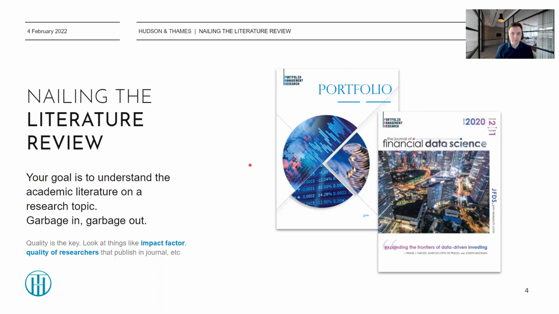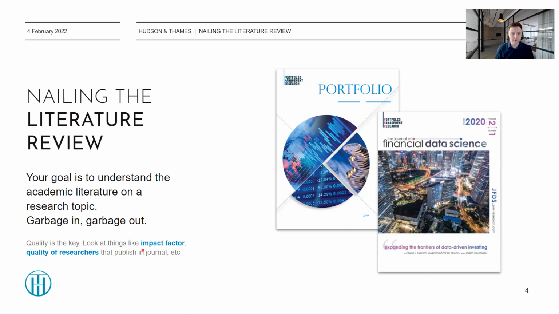Now, there are some important things to keep in mind here, especially if this is your first entry into quantitative research. The most important thing is the quality of the journal that you're looking at. Journals are measured in terms of quality by a metric such as the impact factor, which is perhaps the most common.